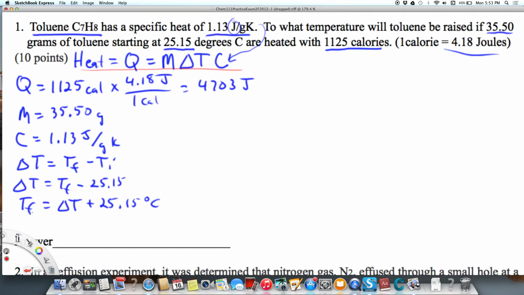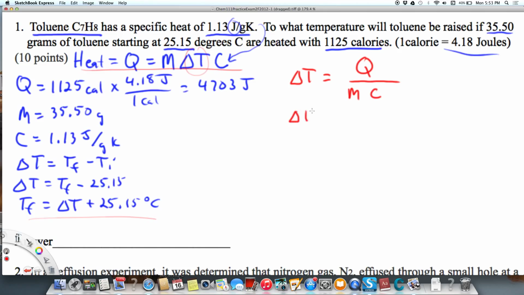T, and then we're going to plug delta T in to the bottom here and solve for TF. Okay, so Q equals M times the change in temperature times the specific heat, and we're going to solve for delta T. So we'll rearrange that and say that delta T is equal to the total heat, which was 1125 calories, which we changed to joules, divided by the mass, divided again by the specific heat.